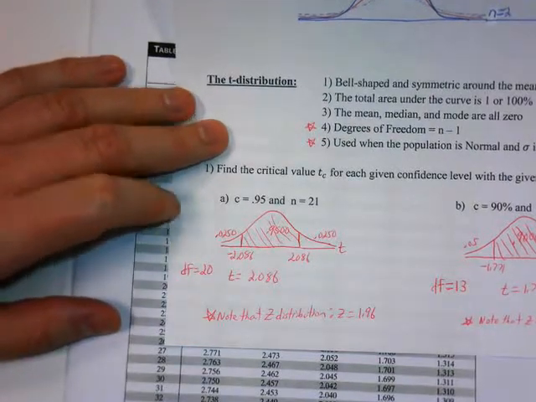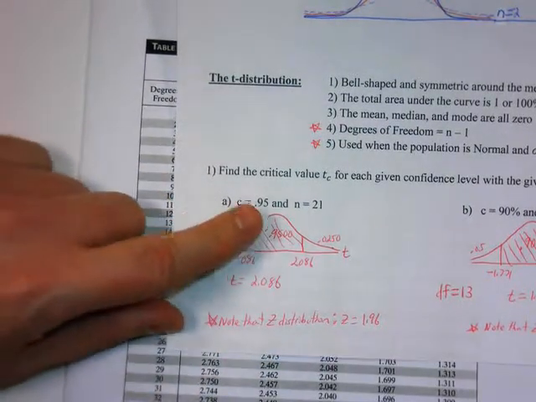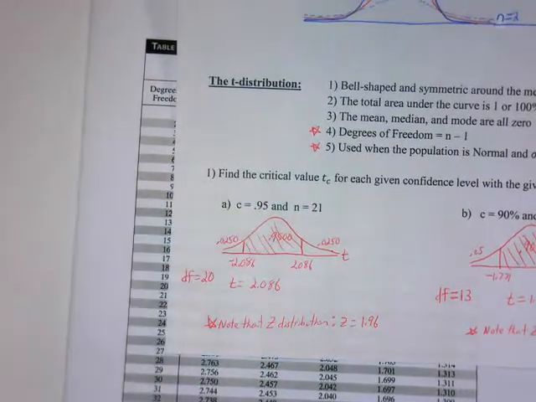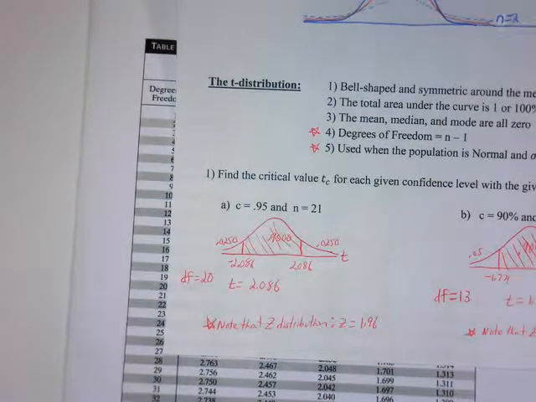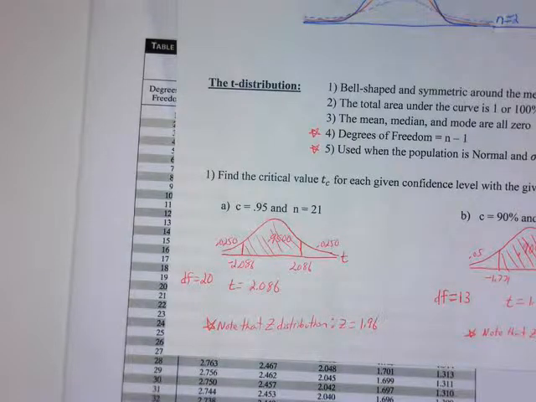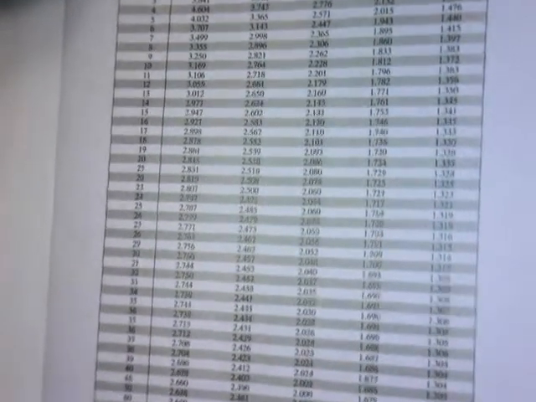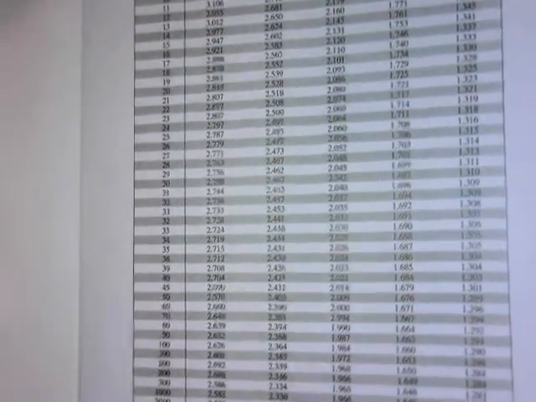Well, notice in a z distribution, we'd have 1.96 if we had 95% in the middle. So if you think back to when we knew what sigma was, the z sub c was 1.96 if you had a 95% confidence level. Well, what I want you to look at here in the table, if n gets large, notice what's happening.